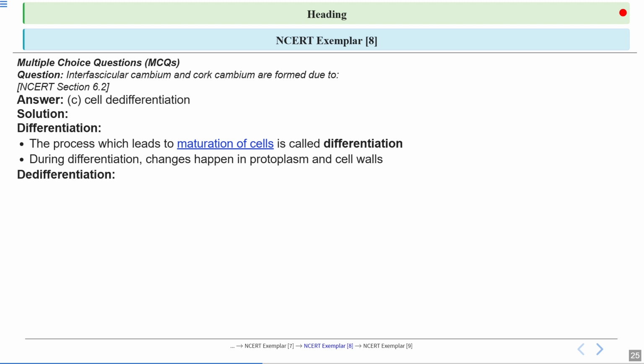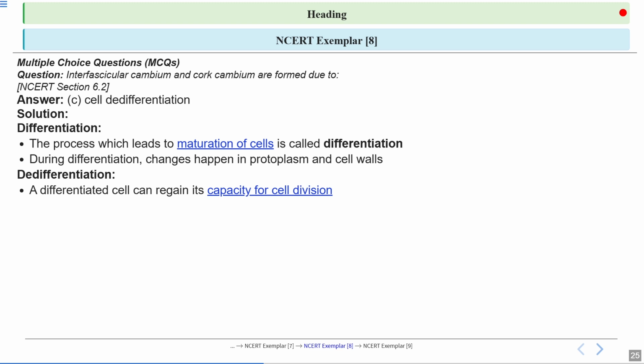Now, what happens in de-differentiation? Because our correct answer is de-differentiation. A differentiated cell can regain its capacity for cell division. The cell has already differentiated, but it can regain the capacity of division. Which cell has the capacity of division? Meristematic.